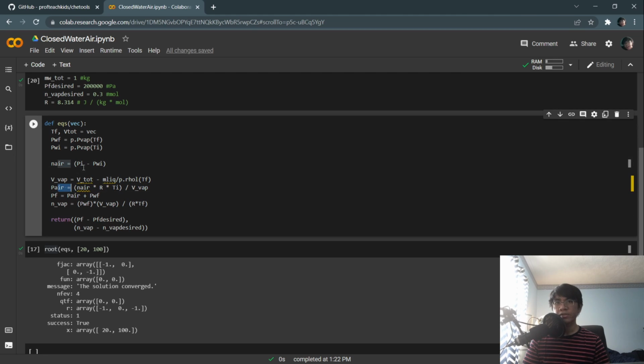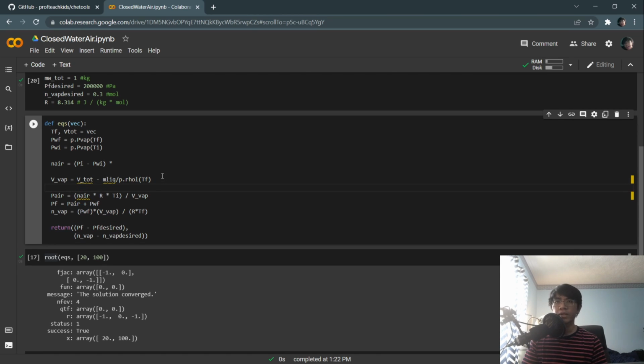So pressure of the air is then broken down into the initial pressure minus the vapor pressure of the water at the initial temperature, and then times the volume of the vapor phase, which we can just write as, I guess it should be below that, huh? Well, let's just write it as is.